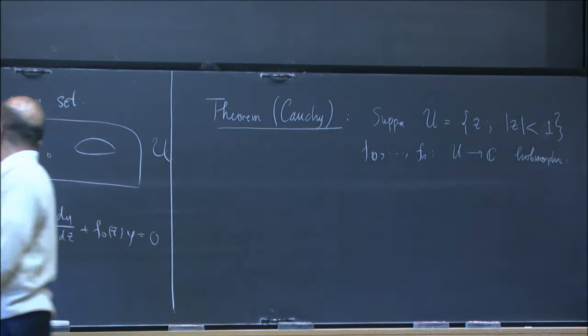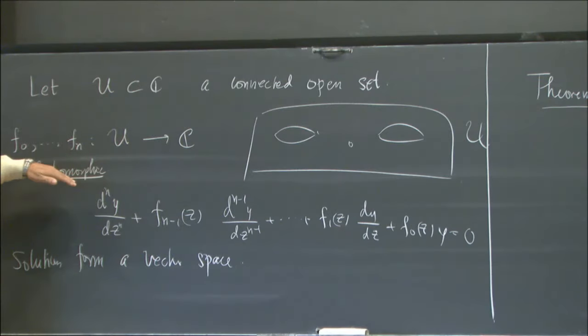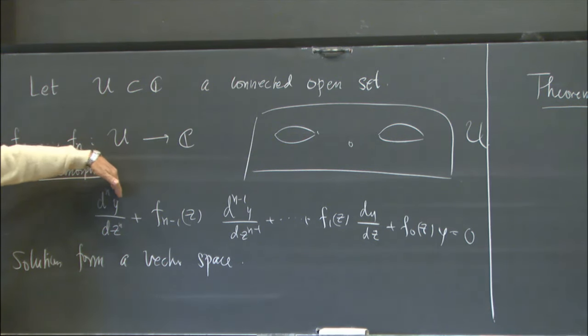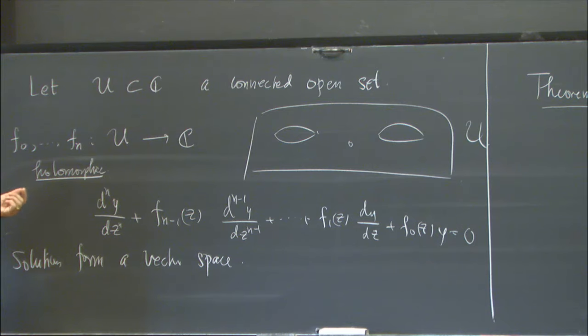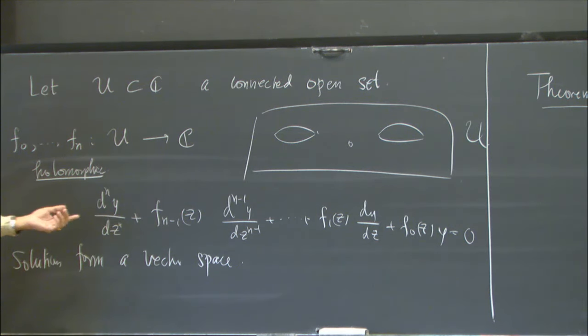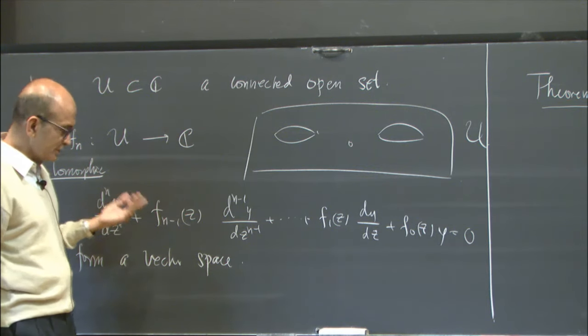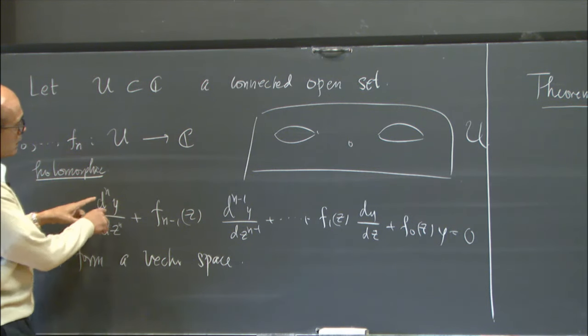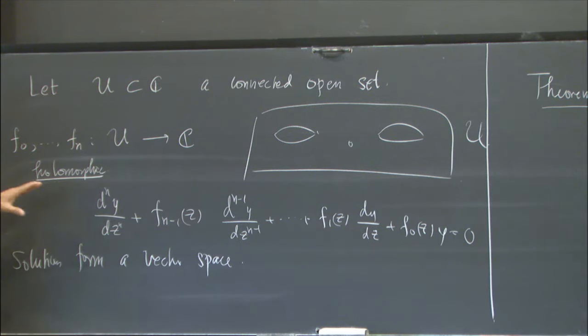So you can always find solutions. They can be completely specified once you fix the only arbitrary thing, their first n-1 derivatives: the value at 0, the first derivative at 0, and so on. If those are specified, then the solution is completely determined.